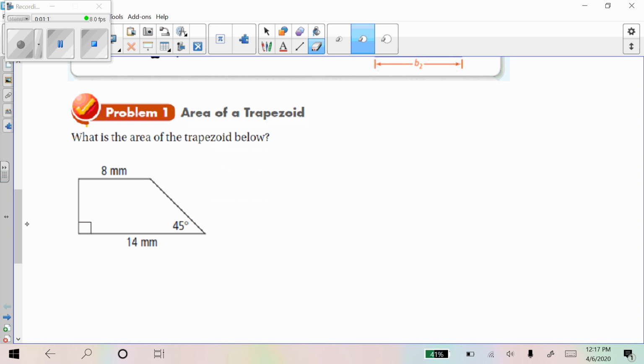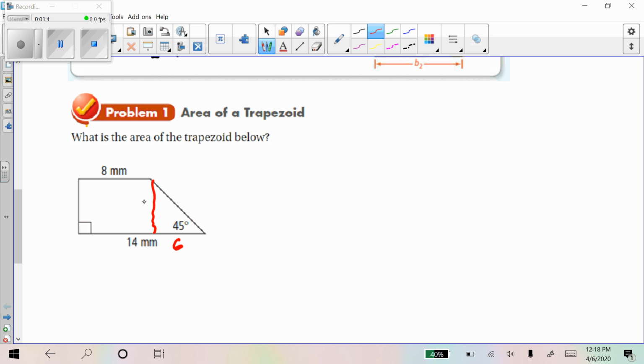Now sometimes we're going to have to use a little math to figure out some of the dimensions we need. Like on this one, you'll notice we don't have the height. So I'm going to just draw in a height line here. And when I do that, you'll notice this is a 45, 45, 90 triangle. So this little line right here would be 14 minus 8, which is 6.